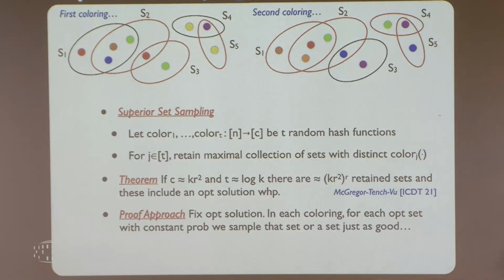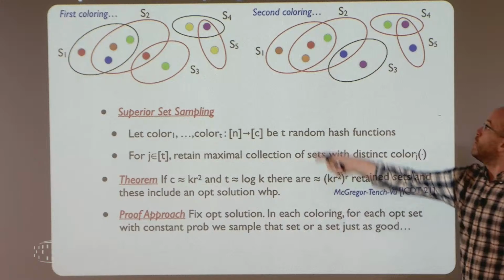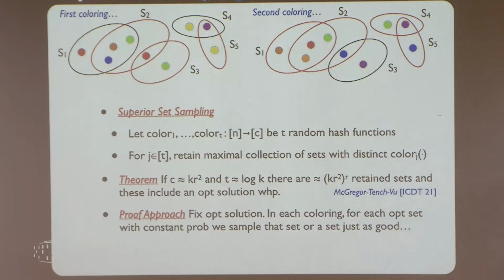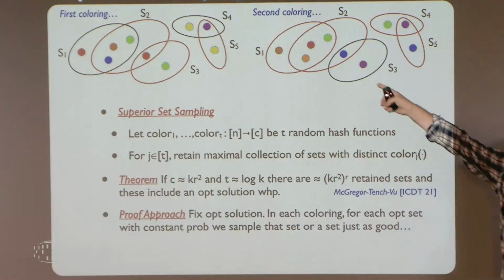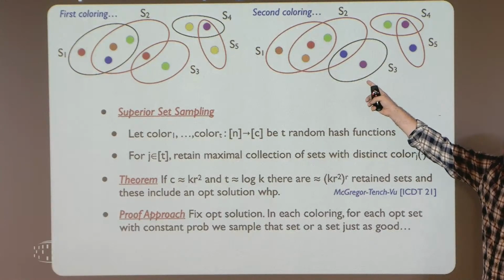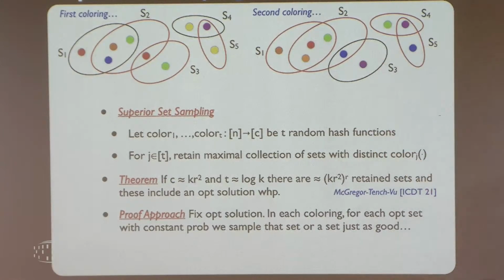You fix an initial coloring, and then you argue that amongst the first coloring, for each optimal set, with constant probability, you either find that optimal set or you find something that's just as useful as it. And then you move on, and this just-as-useful means you modify or evolve your optimal set, and then you argue with respect to that new optimal solution with the second coloring, and then the third coloring, up to the 10th coloring. So let me just dig into one step of this process.